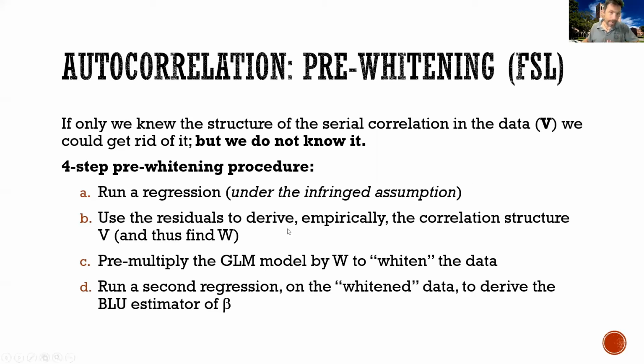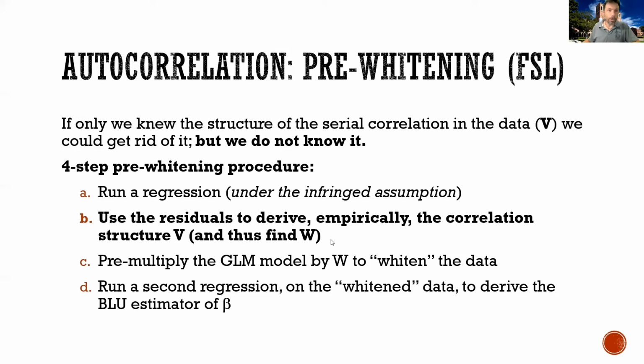And so indeed, if I can find V, I can determine W such that if I pre-multiply the GLM by W, then I've whitened the data. Once I've done that, now I can run a second regression on the whitened data, and what I would get is the BLUE estimator. So I'm back to having my best linear unbiased estimator.